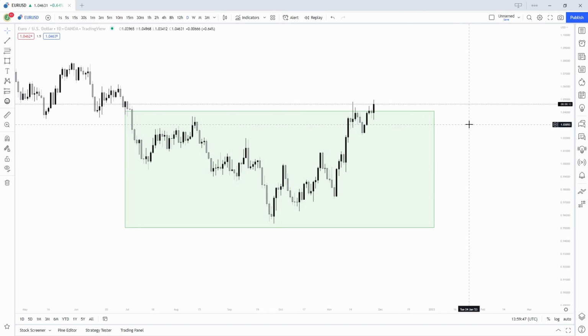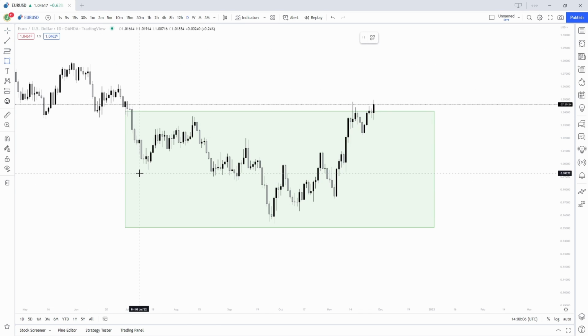Now, how am I identifying this? For starters, I can see quite a clear region of consolidation here where we have some boundaries. If you remember at the end of the last episode, we talked about how these schematics have boundaries, in which case we have support and resistance within the schematic.